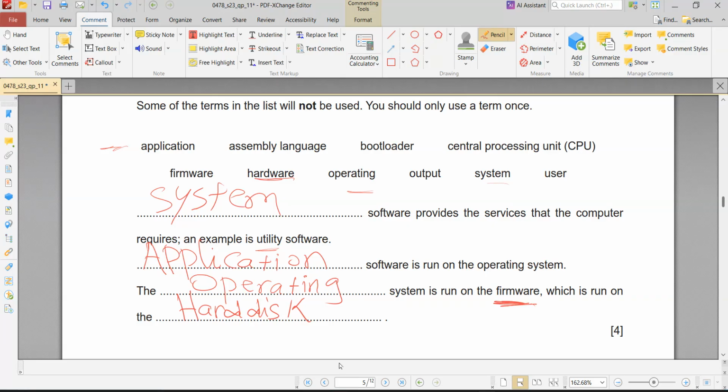So my answers: system software provides the services that the computer requires, for example utility software. Application software is run on the operating system, and the operating system is run on the firmware, which is run on the hardware. So this is the final question and my answer.